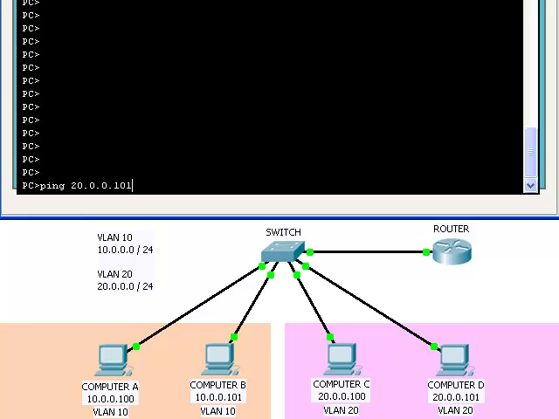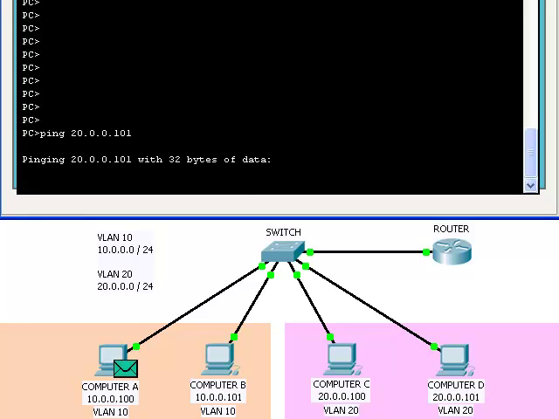Next, we'll try to ping directly from computer A to computer D. Success.